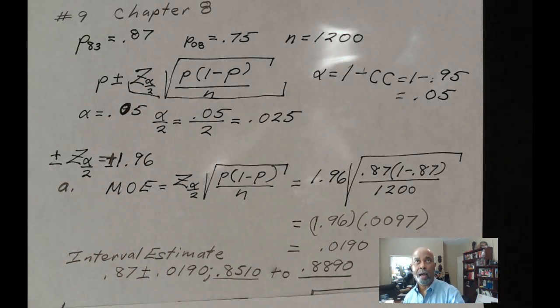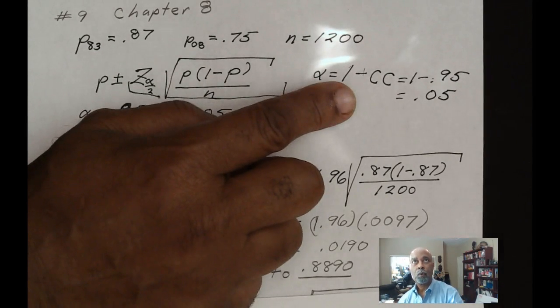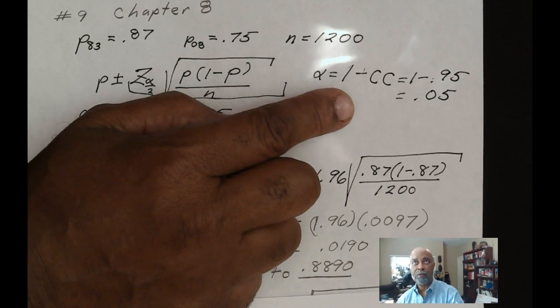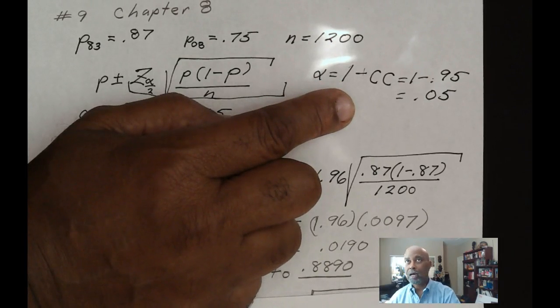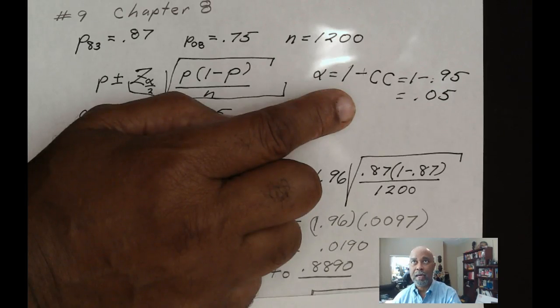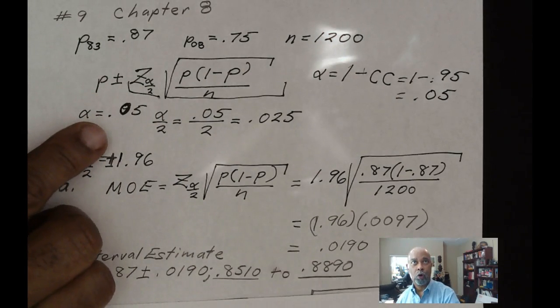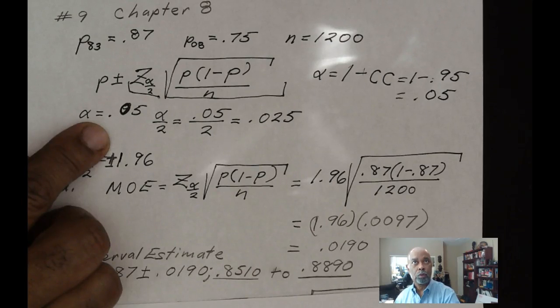In this case, the alpha is 1 minus the confidence coefficient. For a 95% confidence interval, the confidence coefficient is 0.95, which gives us an alpha of 0.05. We want alpha over 2, 0.05 over 2 is equal to 0.025.